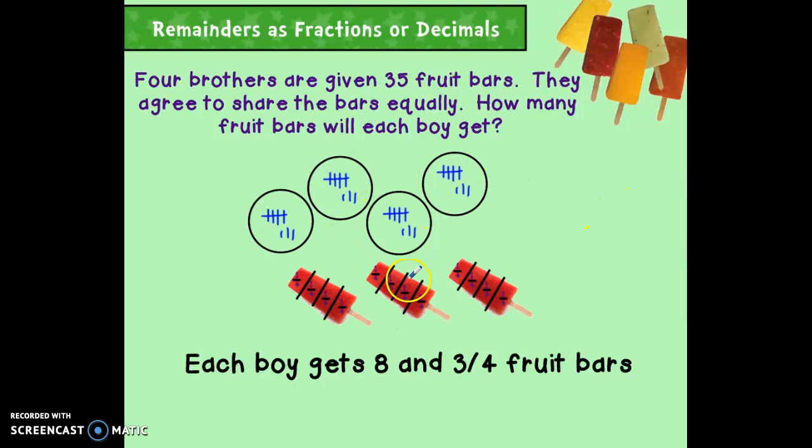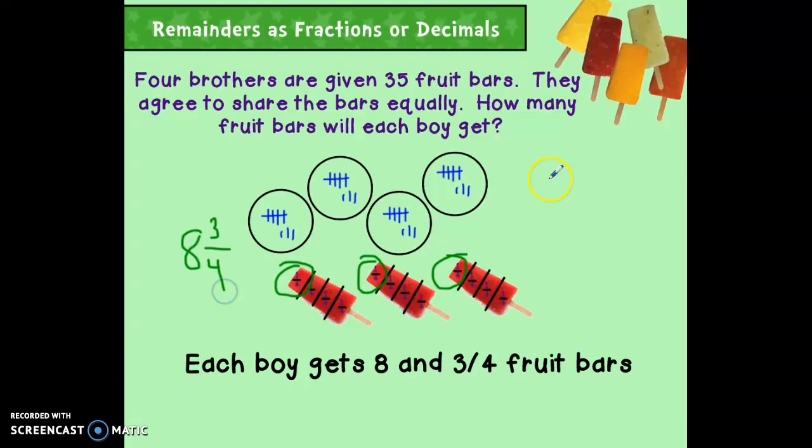But then look, if I have these 3 fruit bars left, I have to break each into 4 pieces. So this bar is in 4 pieces, this bar is in 4 pieces, this bar in 4 pieces. So I get this piece, this piece, this piece. So I get 8 bars, and then I get 1, 2, 3 fourths.